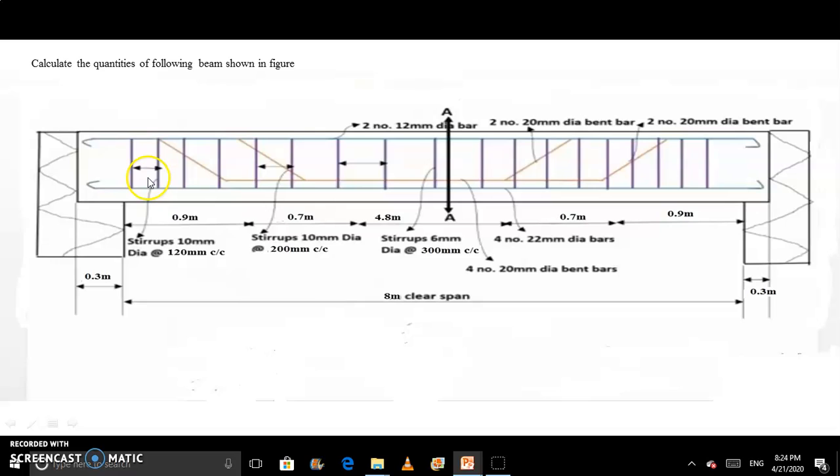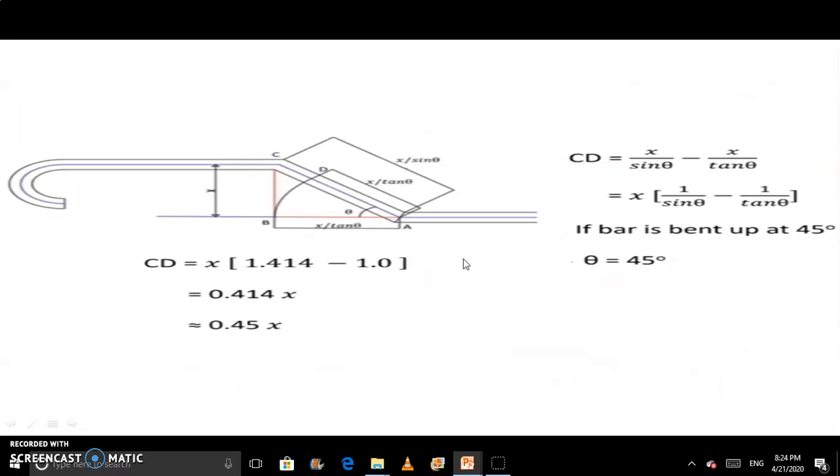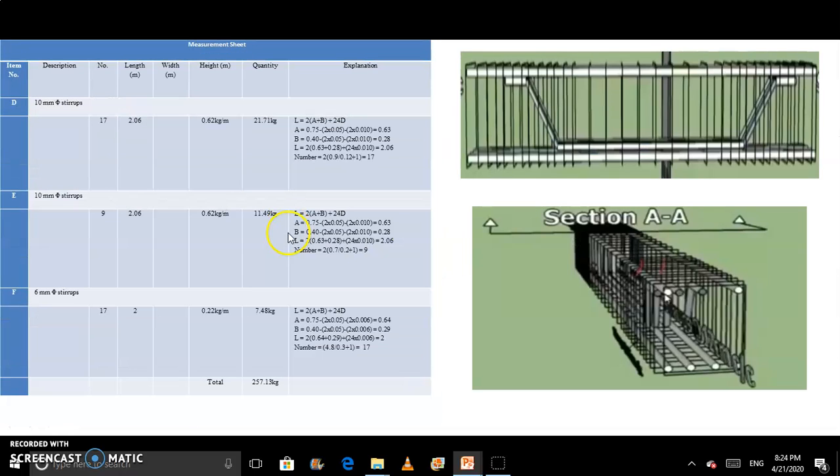We have given the first stirrup as 0.9 meter, the second as 0.7 meter, and the third one as 4.8 meter. In the second stirrups we have provided 0.7 meter, means up to 0.7 meter, and the center to center spacing is 200 mm, and in the middle part we have provided 4.8 meter. These are 6 mm stirrups with 300 mm center to center spacing. So in our quantity we use these values.